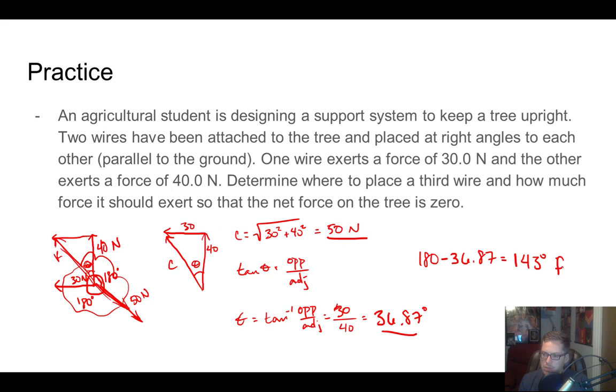So the third wire we need to place needs to be at 143 degrees from the 40 newton wire, and it needs to pull with 50 newtons downwards.